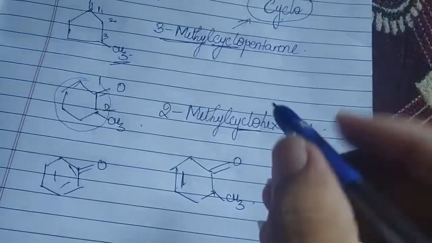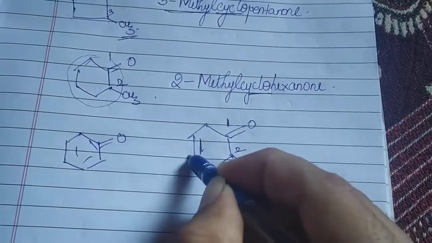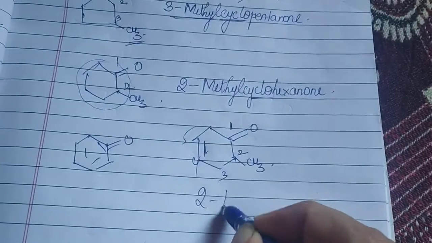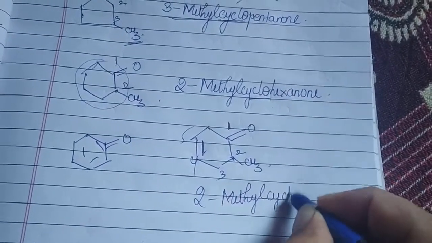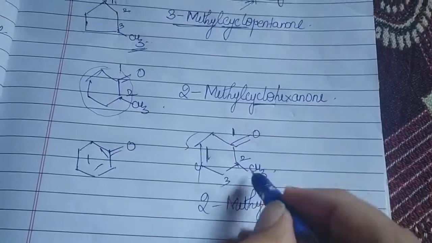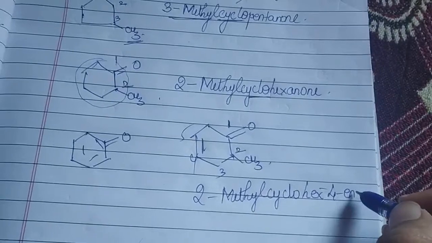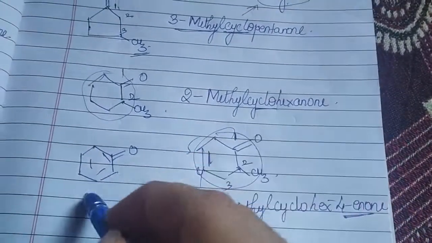Of course the numbering will start from here: 1, 2, 3, 4 and 5. So now 2-methylcyclohex-4-enone. Like this represents your cyclic ring, not your benzene.